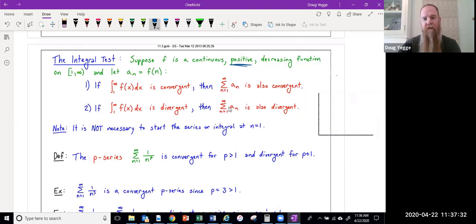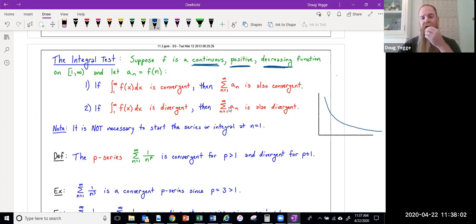And we also need to make sure that it's decreasing, meaning getting smaller. The only way to get smaller and still maintain positive is if it's approaching this horizontal asymptote. So that's why it satisfies all of the criteria: this type of sequence has to be continuous, positive, and decreasing.